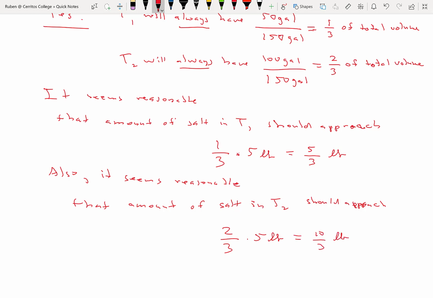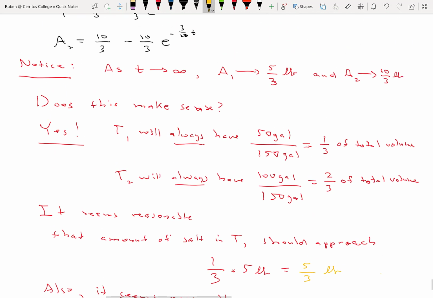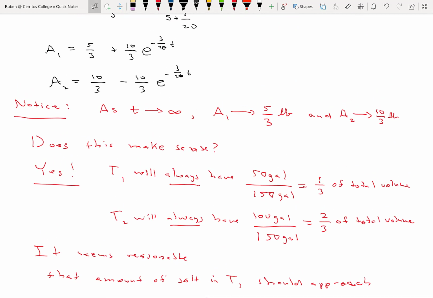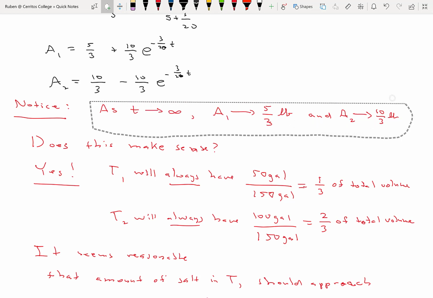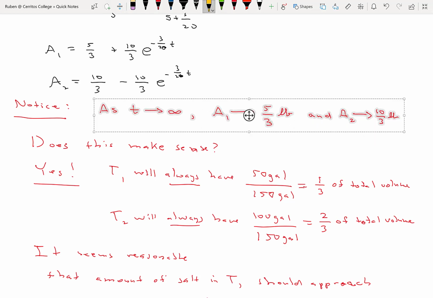So these last two quantities, 5/3 of a pound of salt in tank 1 and 10/3 of a pound of salt in tank 2, seem reasonable from a logical standpoint, and that's exactly what we predicted in my initial statement of what to notice.